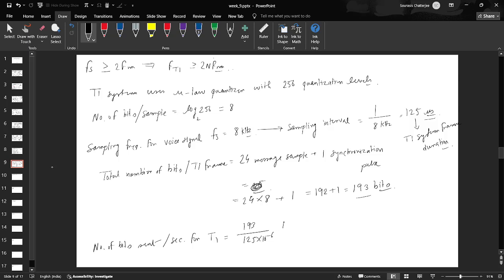So this many bits are going to be transmitted per second. Bits per second is your bit rate, right? So 193 by 125 megabits per second, that is your bit rate. Let me just calculate 193 divided by 125, that's 1.44 megabits per second.